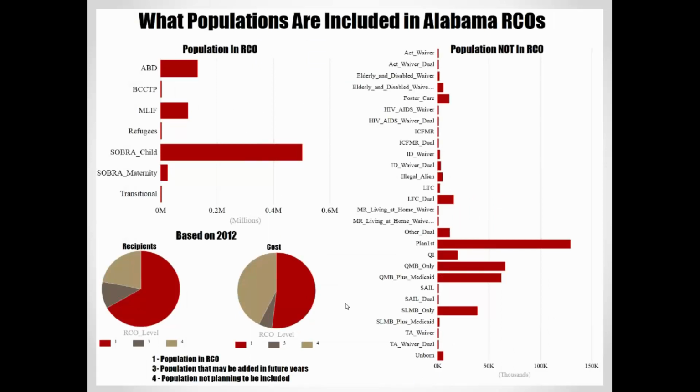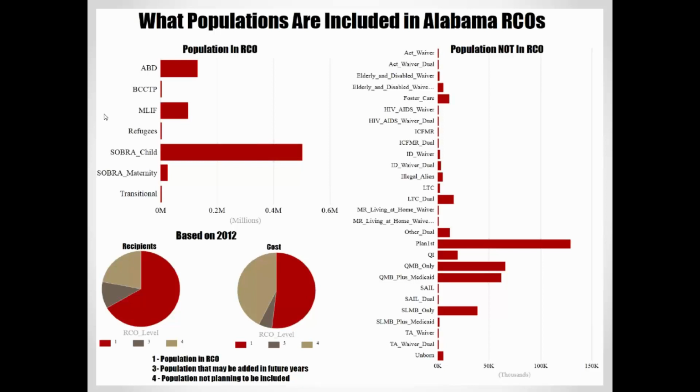Now we want to know who is in the RCO population and who is not. As of right now, the populations that are included, in the upper left-hand corner, include the ABD, the DCCTP, the Medicaid low-income families, refugees. The majority of the population is the SOBRA children. There is the maternity, and there's a transitional.